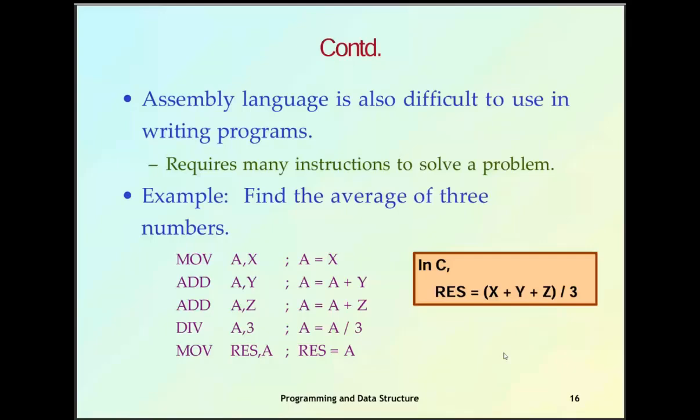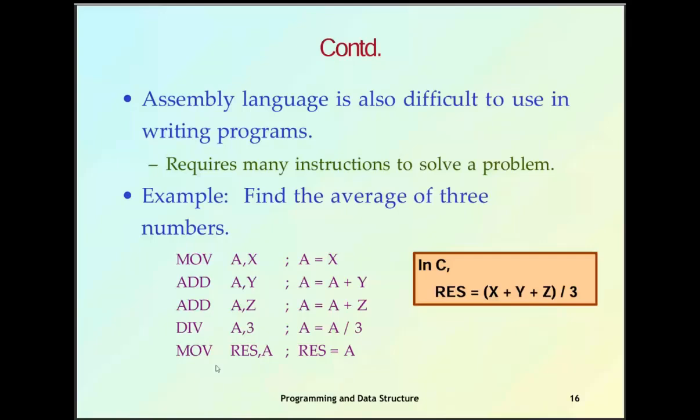Now, assembly language is also difficult to use to write a large program. Just as an example, think of finding the average of 3 numbers. So many instructions I have to write in assembly language, where MOV stands for move, ADD stands for addition, DIV stands for division, and MOV again stands for move.